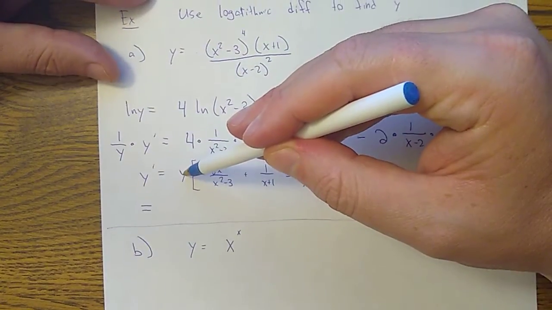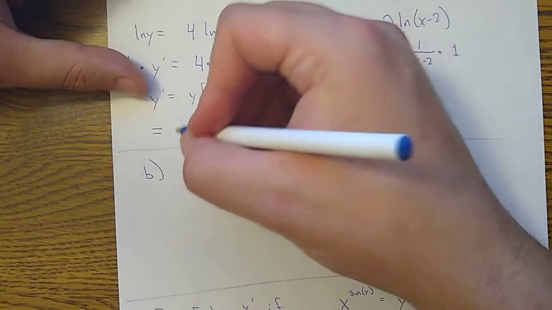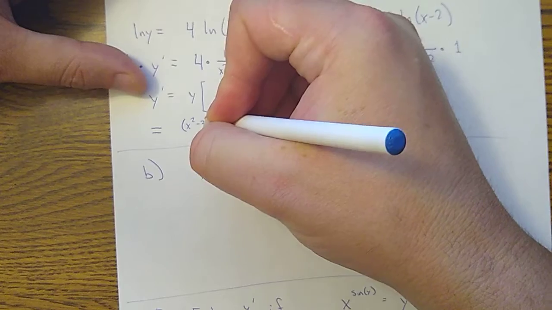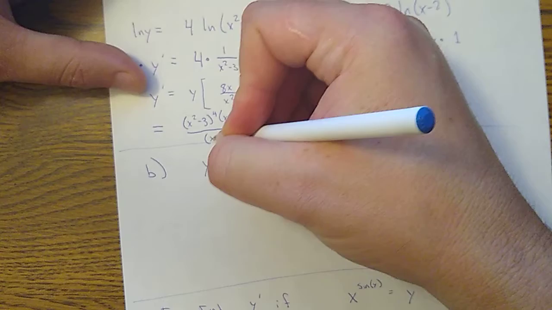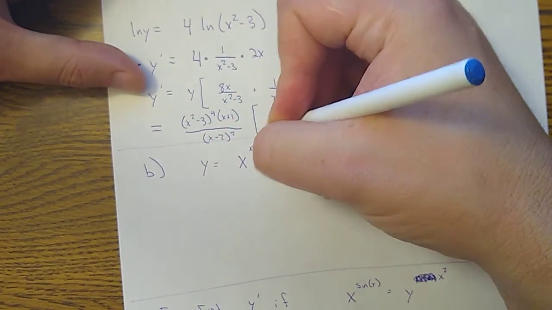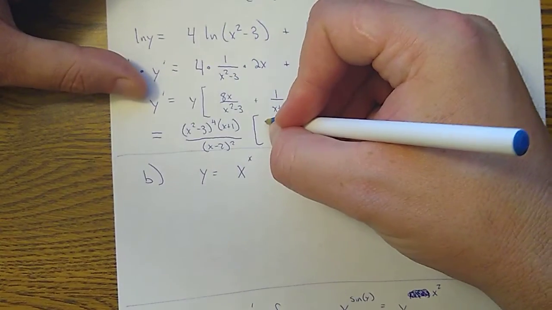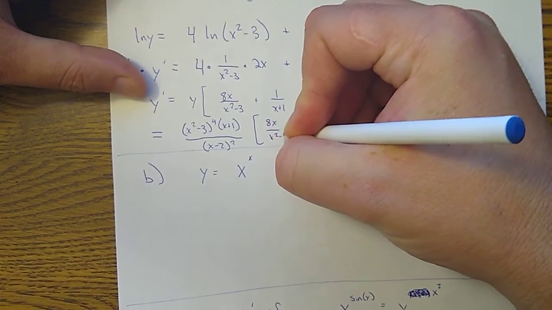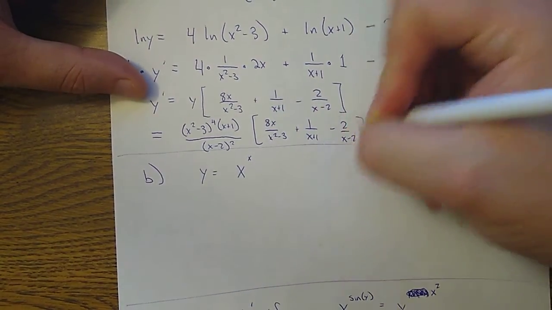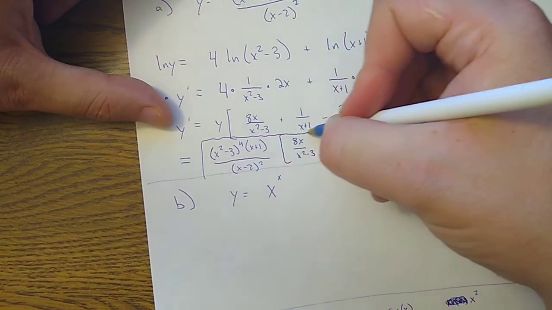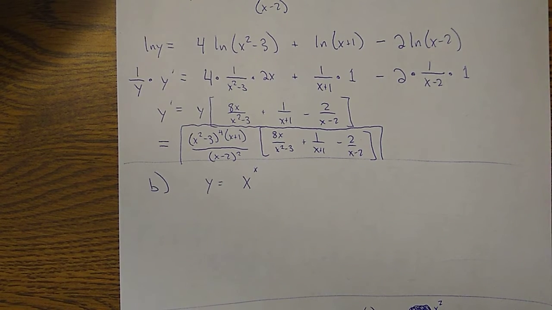So in the end, I'm going to replace this y with the original y. So this y gets replaced with this, and then everything else I'm going to write is the same. And that's logarithmic differentiation.